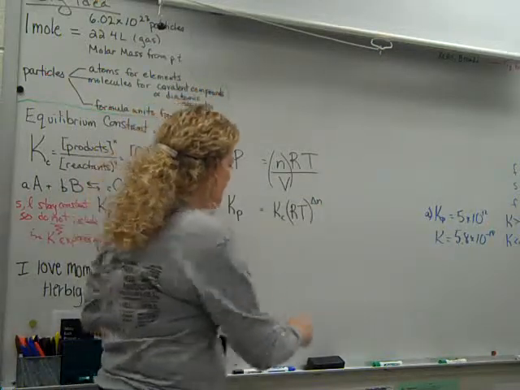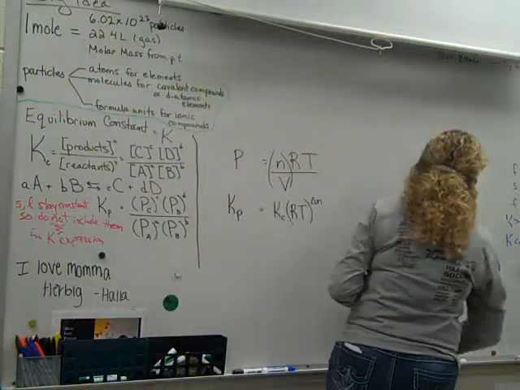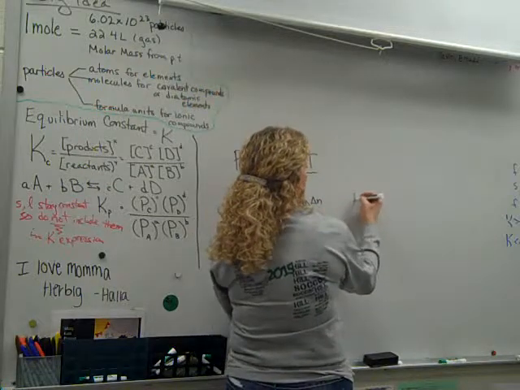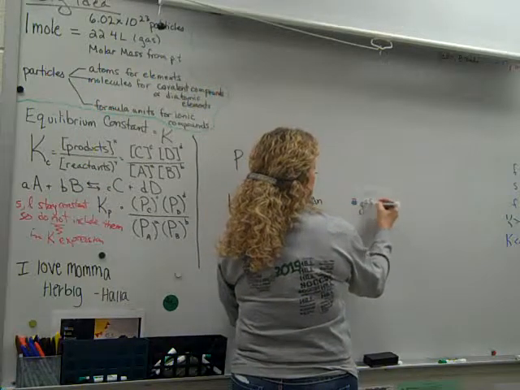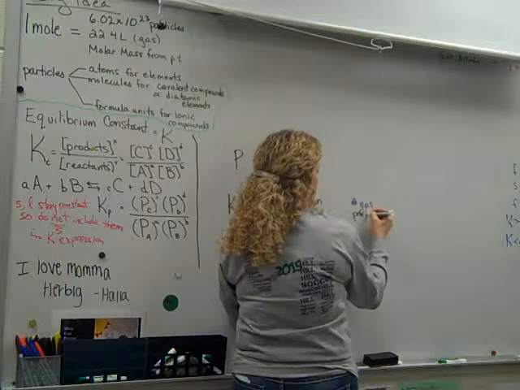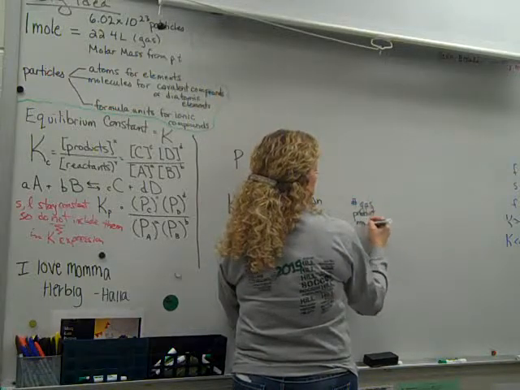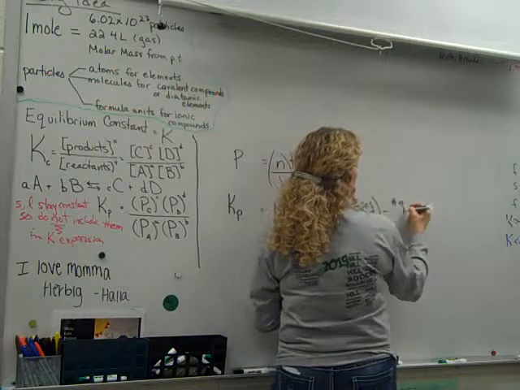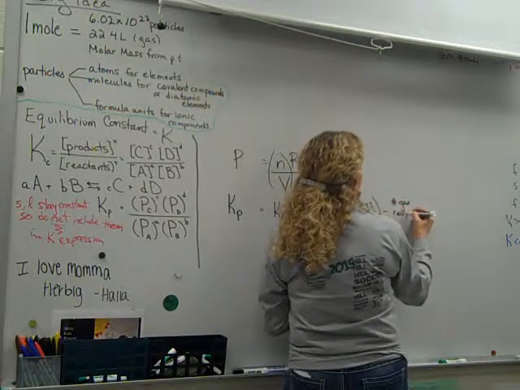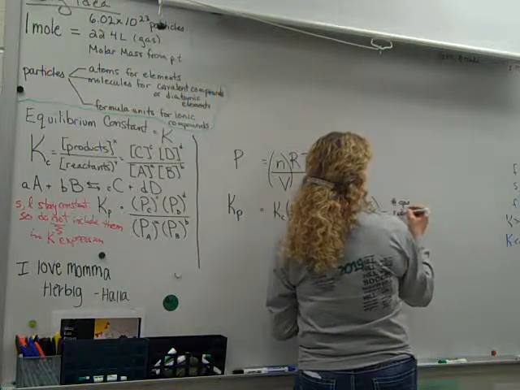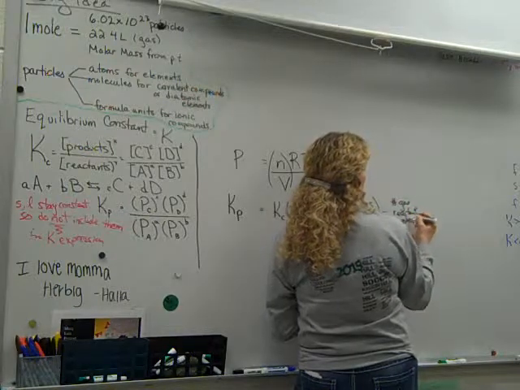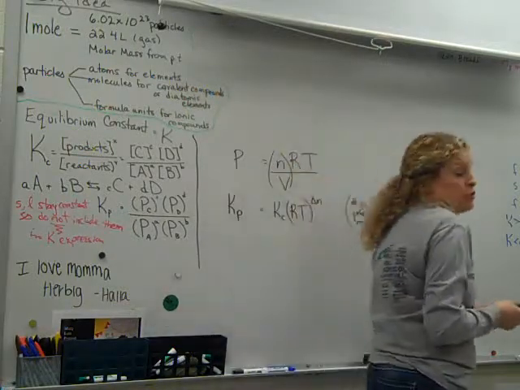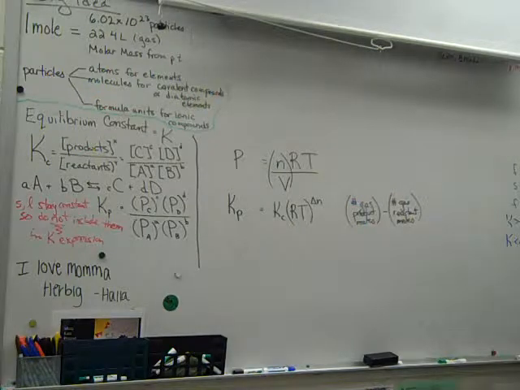Remember, the delta n was nothing more than the number of gas product moles minus the number of gas reactant moles. If it is not a gas, what do you do? Right, you exclude it. You just ignore it. So you only look in your reaction for gases.